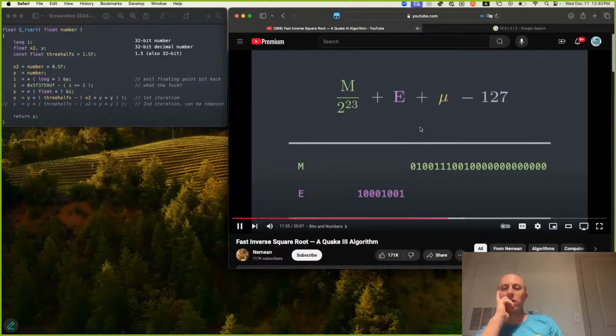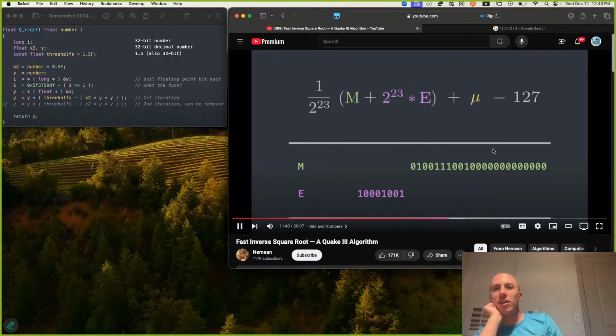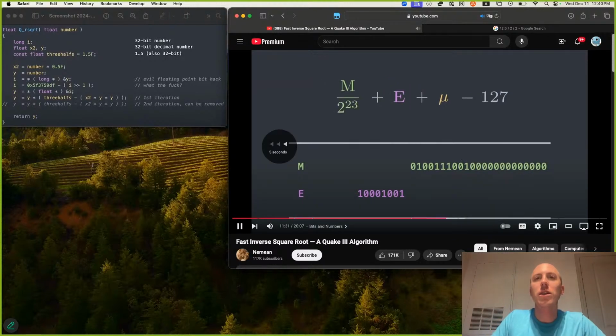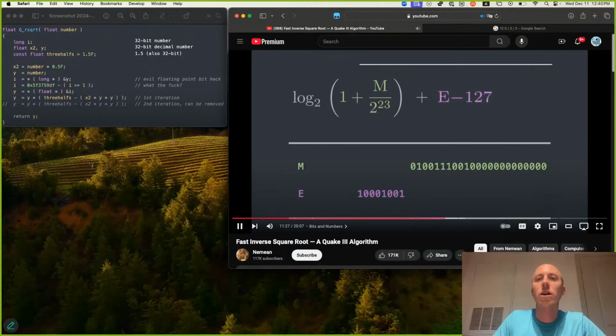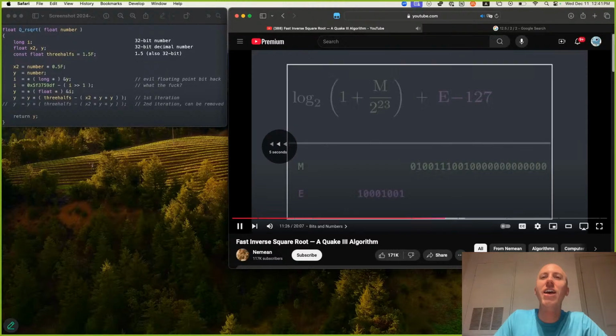A little bit more, and we finally see why we did all those calculations. Why we apply our trick, as m divided by 2 to the 23 is indeed a value between 0 and 1.